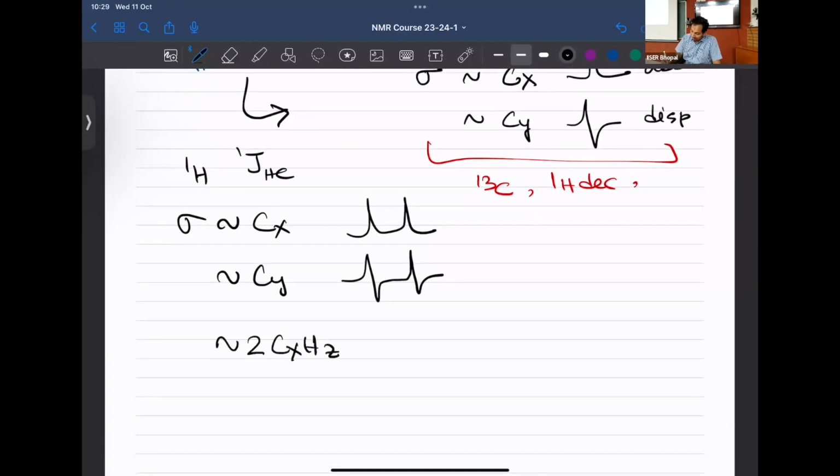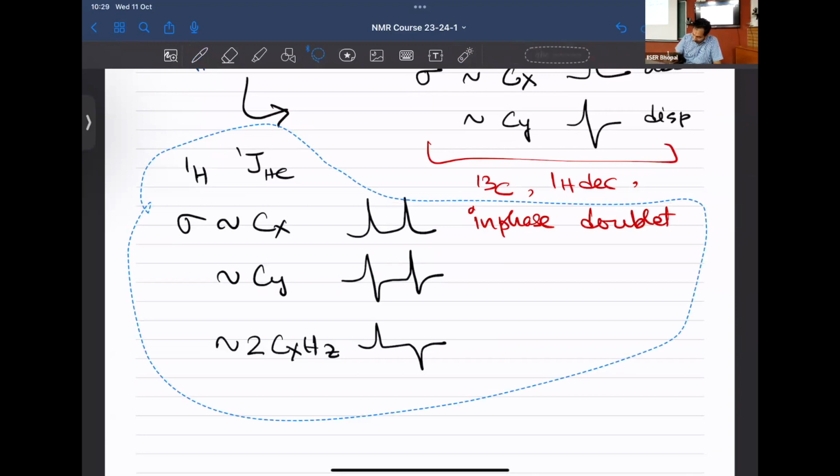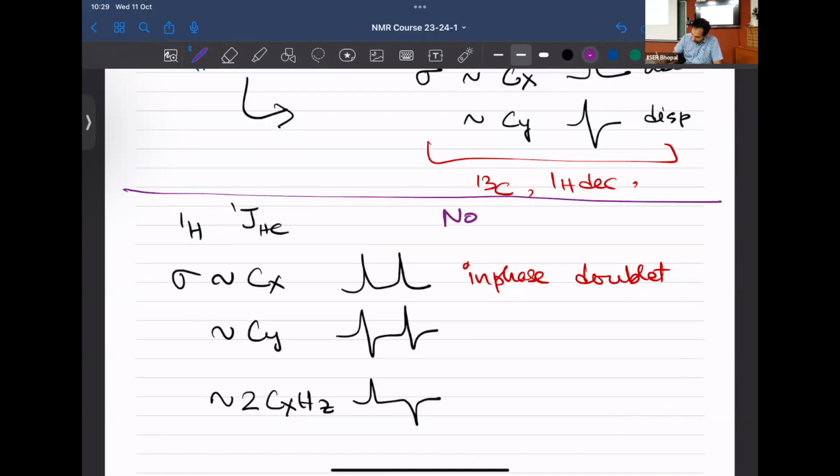Now, if you have something like 2CXHZ, you're going to get a signal of this kind. So let's start naming this. This will be inphase doublet. So this is the case where I am not decoupling. No decoupling.